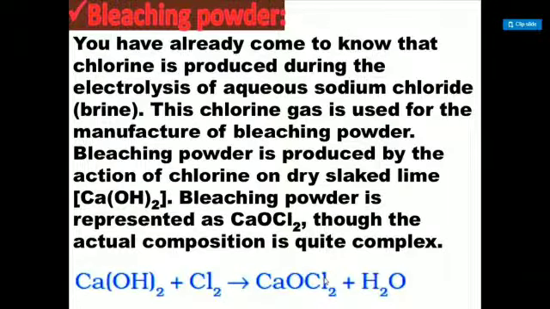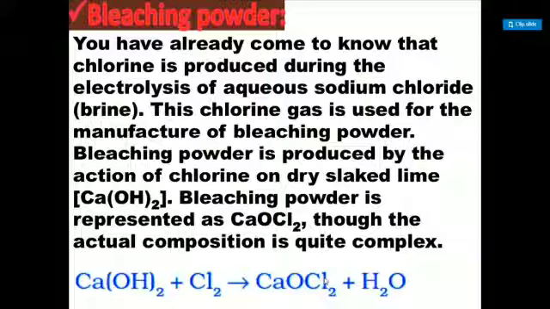Now, bleaching powder formula is CaOCl2. You have already come to know that chlorine is produced during the electrolysis of aqueous sodium chloride, or it is called brine. This chlorine gas is used for the manufacture of bleaching powder.